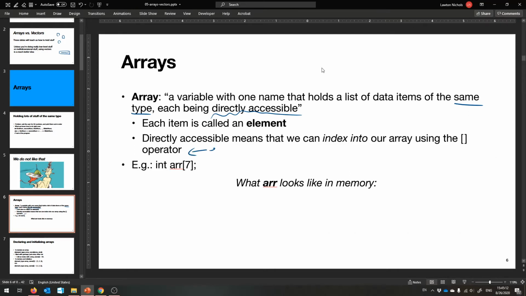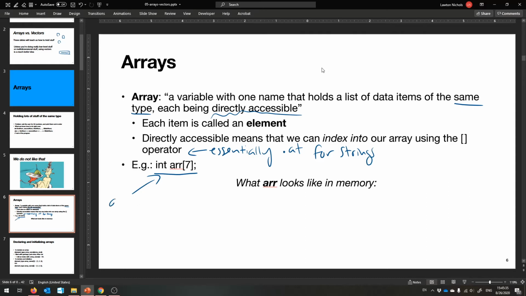All right, so this is very similar. It's essentially the .at for strings. It's the same concept. You're just using brackets instead. Okay, so if I say to C++ int arr bracket 7 bracket semicolon, this makes an array of size 7 holding ints.